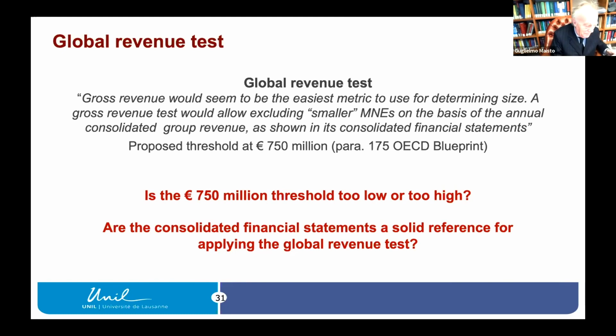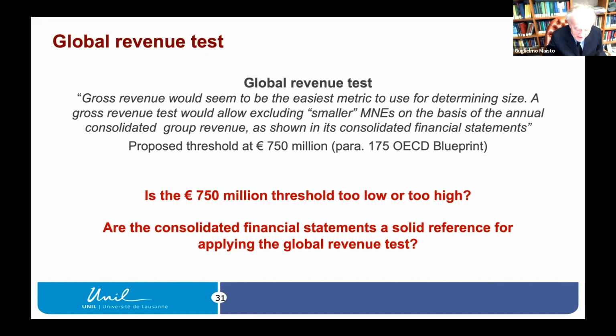If we stop here for a moment, I found interesting the table shown in the blueprint report, which basically says how many groups would fall into the Amount A mechanism depending on the revenue threshold.